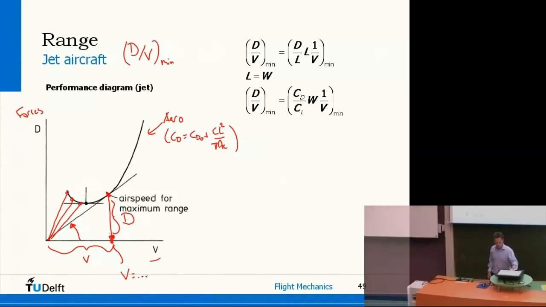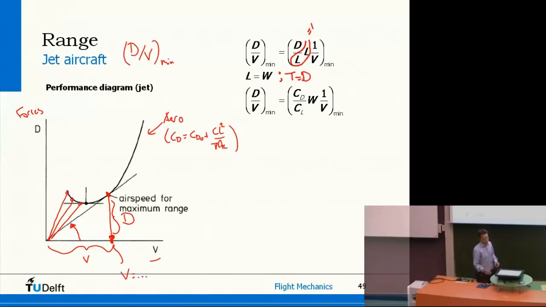Lift is equal to weight, and thrust equal to drag. Therefore, if I substitute one of these lifts with aircraft weight, then this is what I end up with.